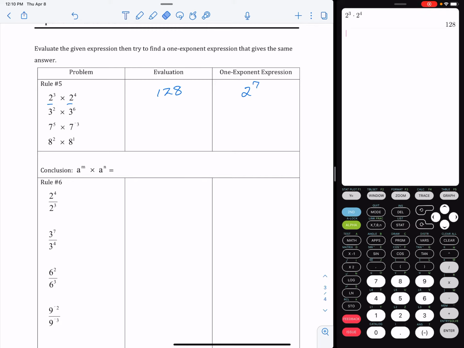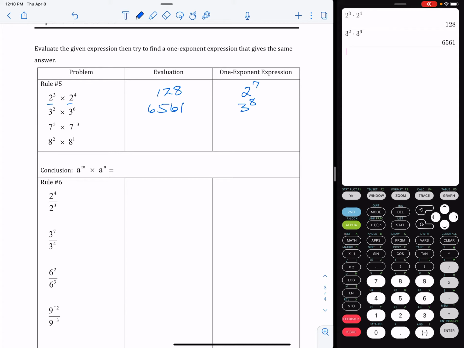I guess I needed my glasses on. So let's try that one. 3 exponent 2, right arrow, times 3 exponent 6, enter, and it's really 6,561, which is 3 to the 8th power.